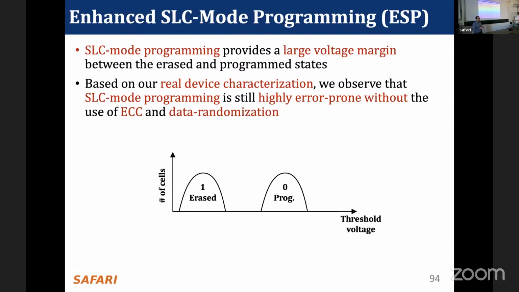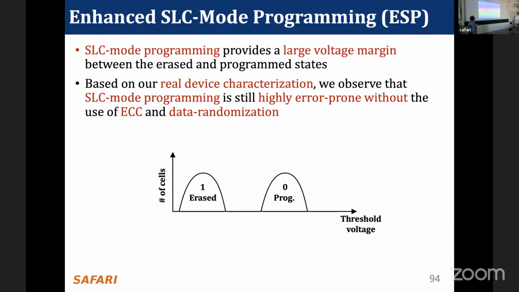Imagine that today's SSDs are usually QLC, so these threshold voltage windows are categorized into 16 windows and your margin gap is quite small, so it's very common to have errors. In SLC your margin is quite wide, but still we have some errors. So we conclude that SLC programming is not enough to do reliable computation inside the flash memory.